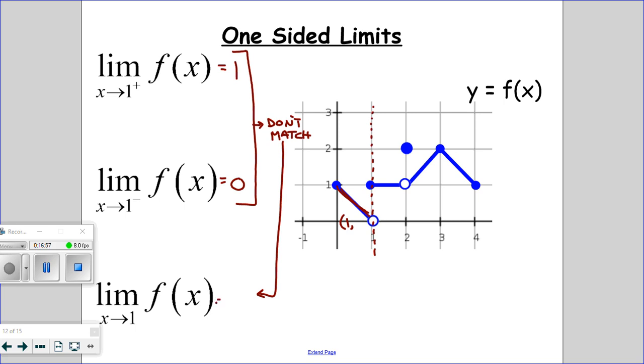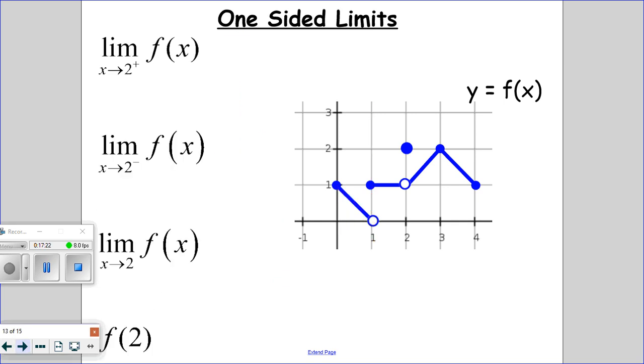So I would answer down here, does not exist. If those do not match, I don't have a limit there from both sides. If they did match, let's say that had been 1 and that had been 1, you do have a limit, and it is what they match at.